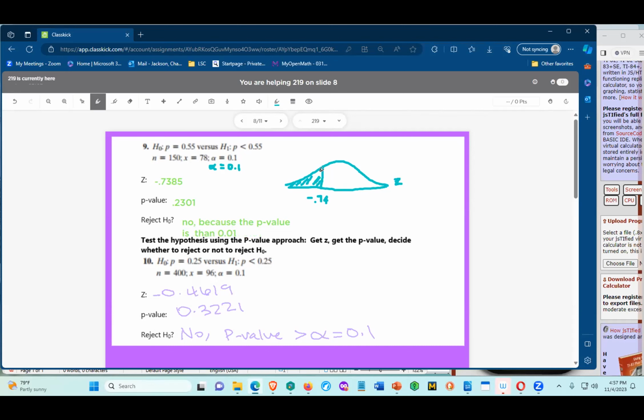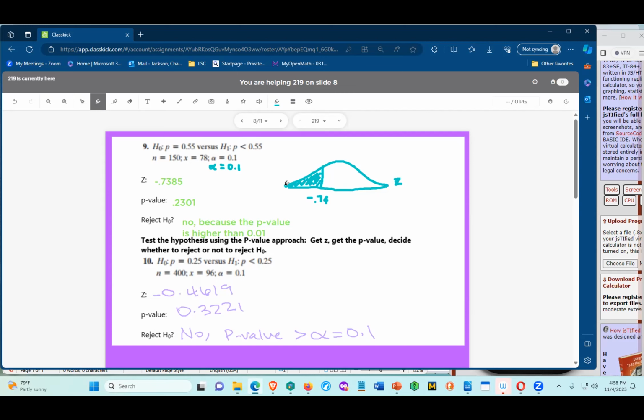We've got all this probability here represented by this area under the curve, which says that it's very possible for the sample data to be what it is, given a true null hypothesis.